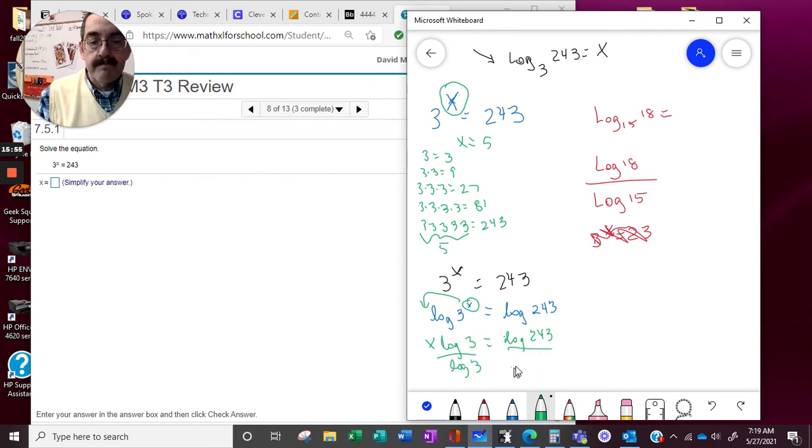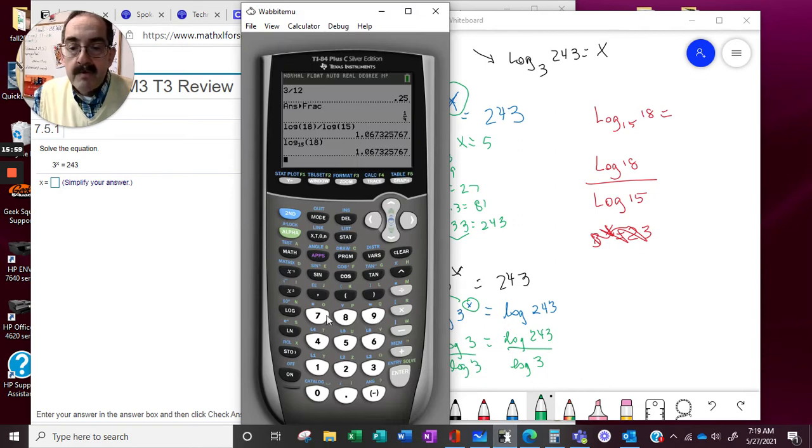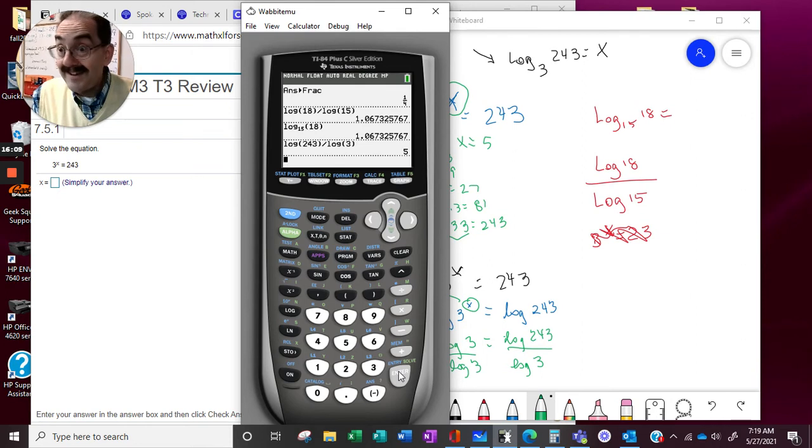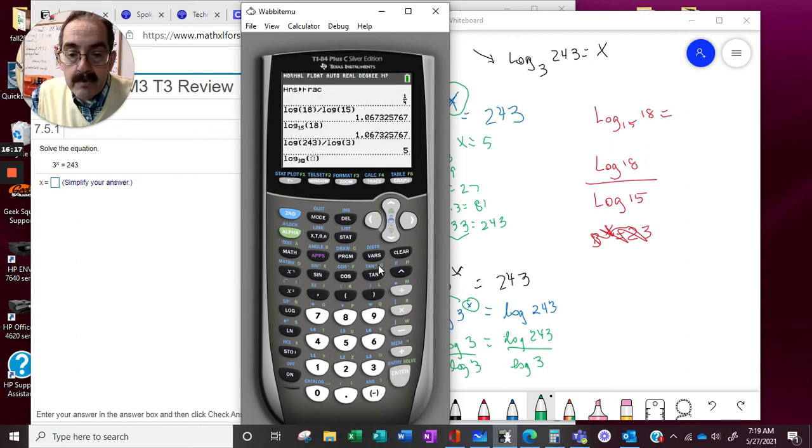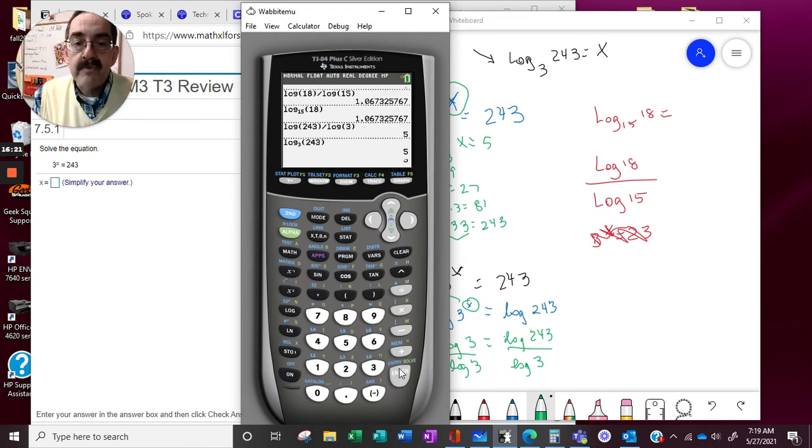It's just a number. And lo and behold, either way you do it, log 243 close, divide, log 3 close equals 5. Ta-da! Or math, toggle, log base 3 of 243 equals 5. Okay?